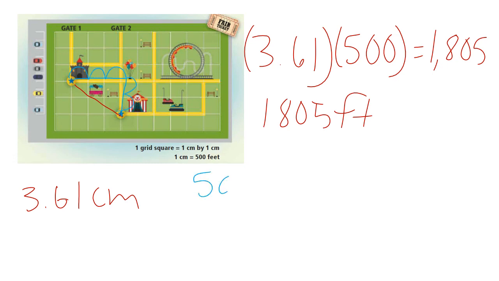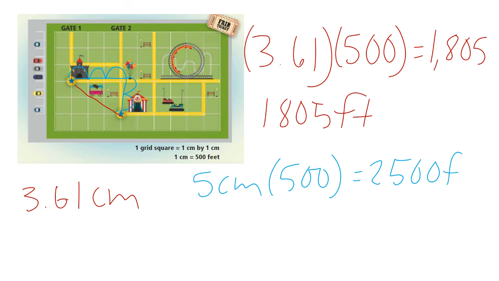So 5 centimeters times 500, and that's going to be 2,500 feet, and that is not as short of a distance. So Thomas is correct in saying that the shortest distance would be to walk diagonally across the lawn here in this park, this fairgrounds, between the 2 points, and not in fact on the yellow path. So that's the answer to example 1.